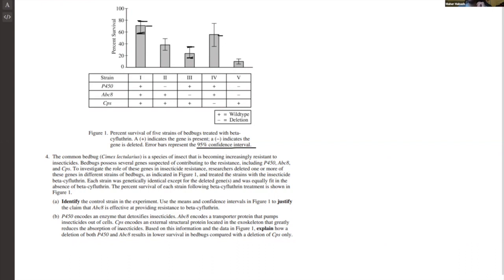A deletion of both of them would lower the survival because the insects can't get rid of it. Yeah, okay, perfect. There we go. A deletion of CPS would not encode. So, perfect. That's a good one there.